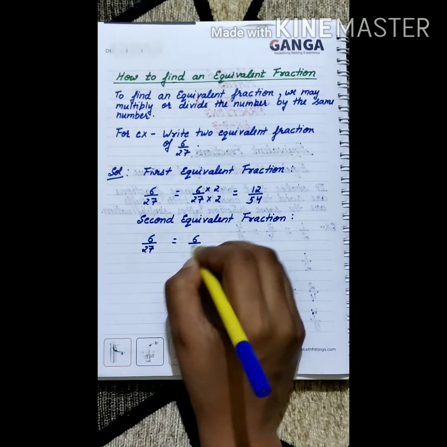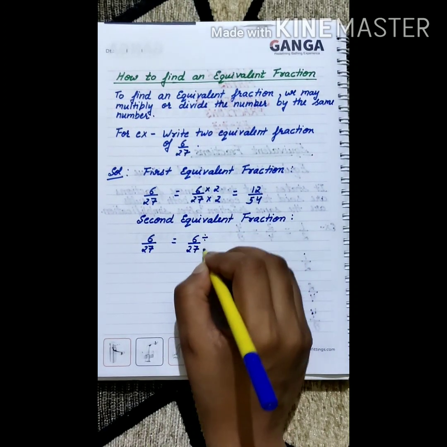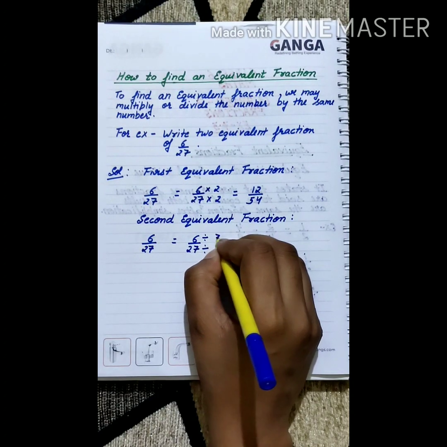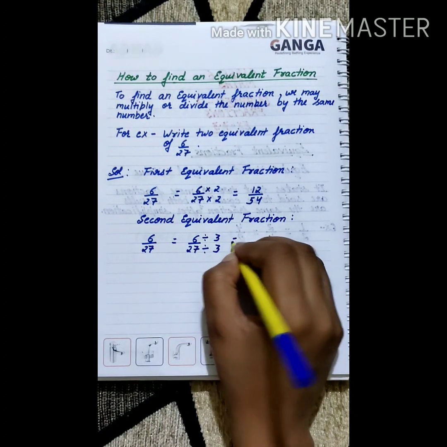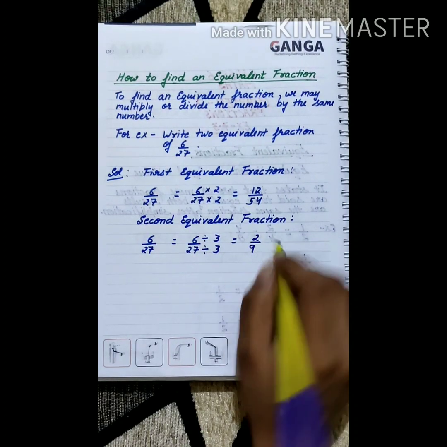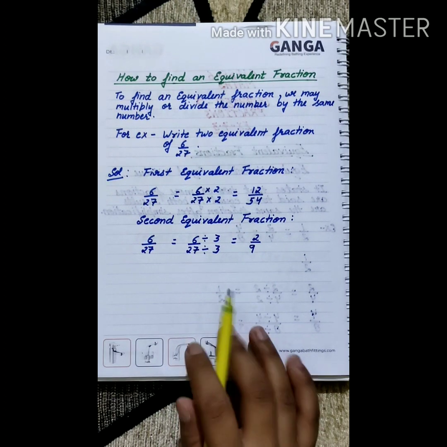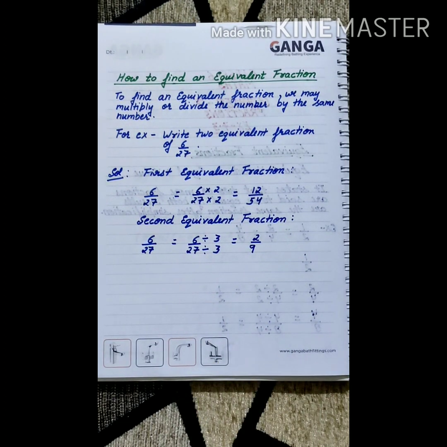So I can divide the numerator and denominator by 3 and we will get 2 upon 9. It is also the equivalent fraction of 6 upon 27. But generally we use multiplication to find an equivalent fraction.